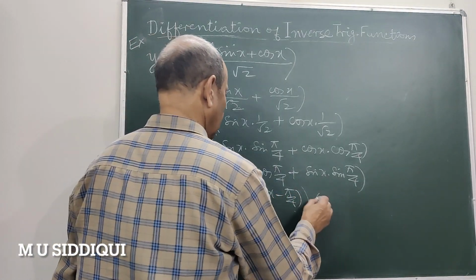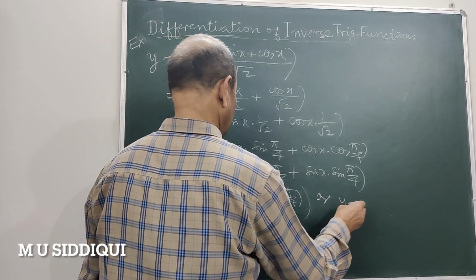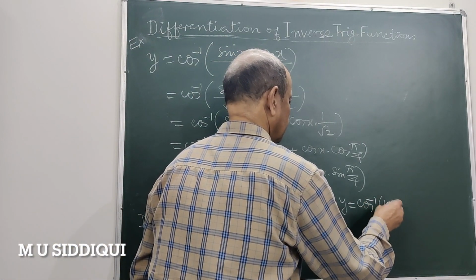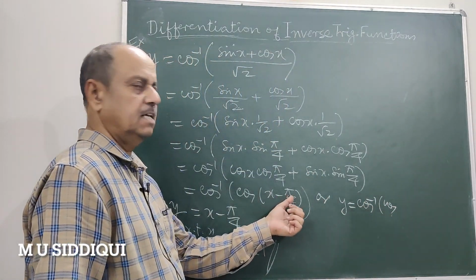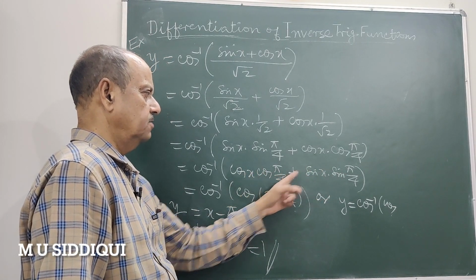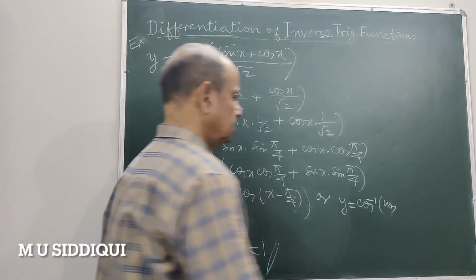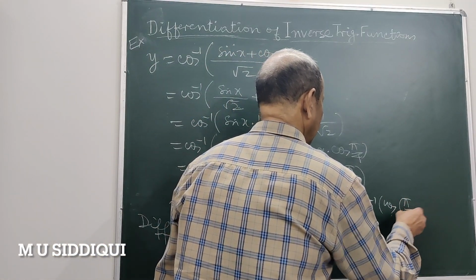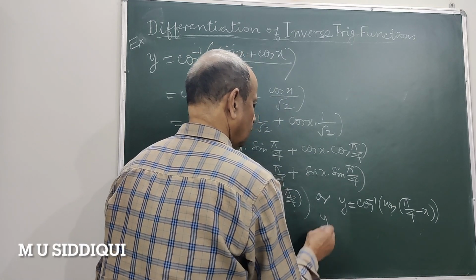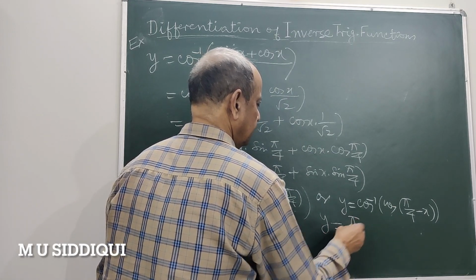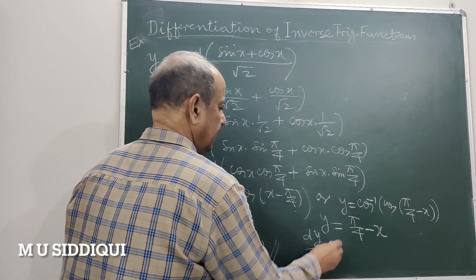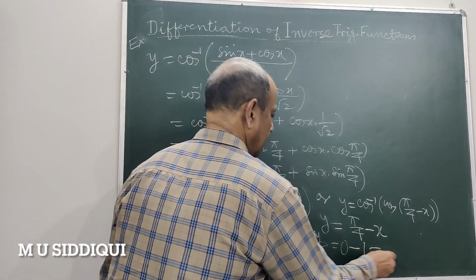So you can say, or y is equal to cos inverse as it was, and then cos of, instead of writing x minus pi by 4, even you can say like cos pi by 4 cos x plus sin pi by 4 sin x can be considered as cos of pi by 4 minus x. That will leave y as only pi by 4 minus x. So when you differentiate, you will get 0 minus 1, or minus 1.